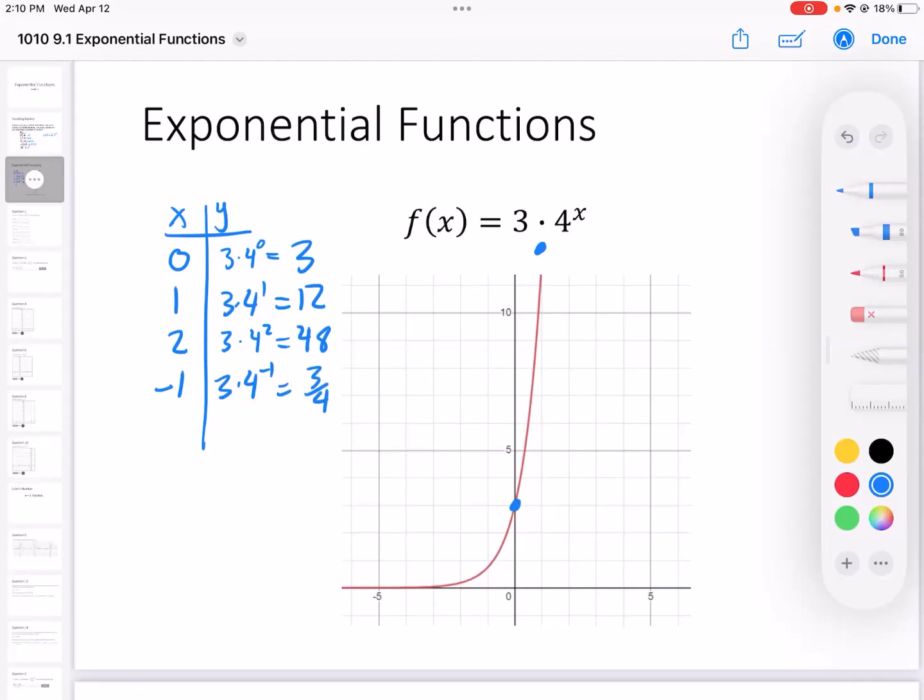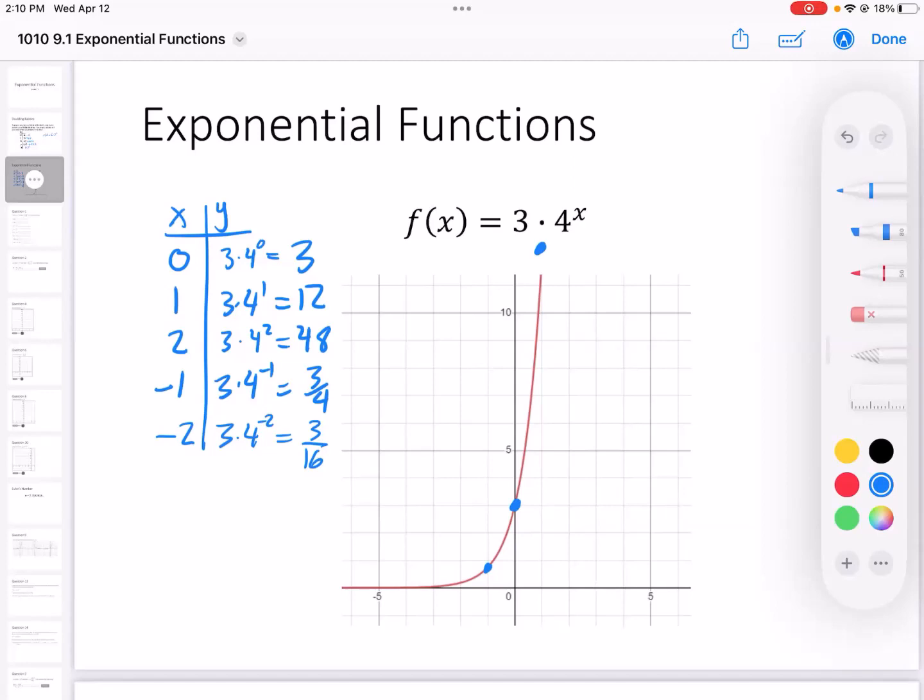And we can see on the graph that this point is about where Y equals 3/4. Then if I were to plug in a -2, 3 times 4 to the -2 is going to be 3 times 1/16, which is 3/16, because 4 squared is 16, and so 4 to the -2 is the reciprocal of that, which is 1/16. Is everybody good with that on how those fractions are found?